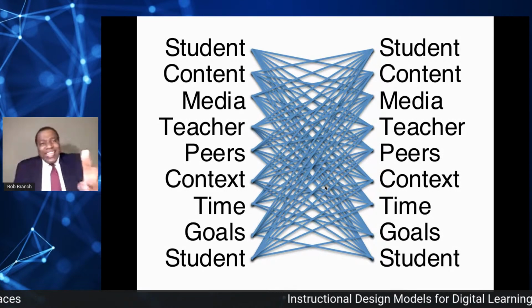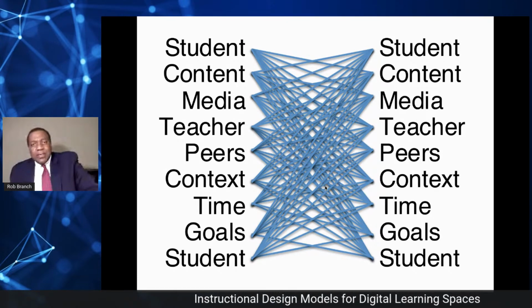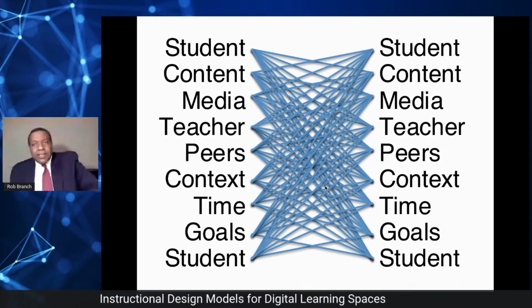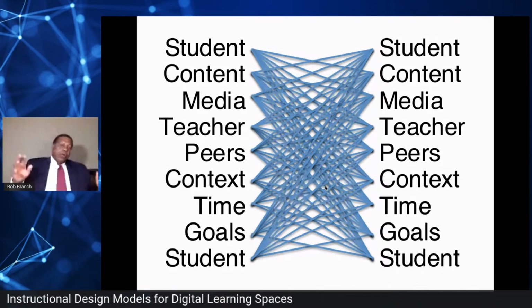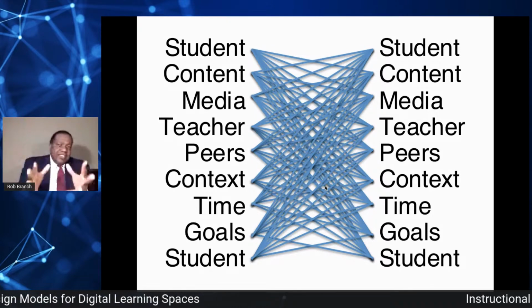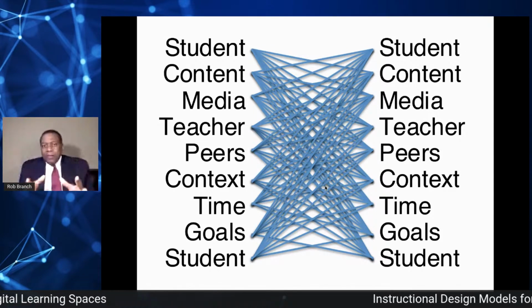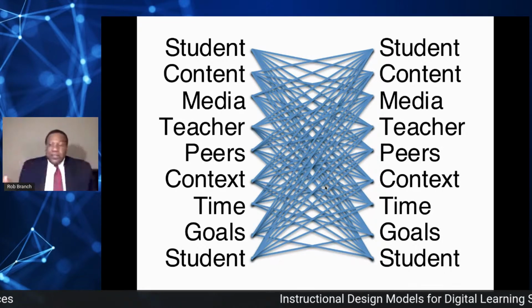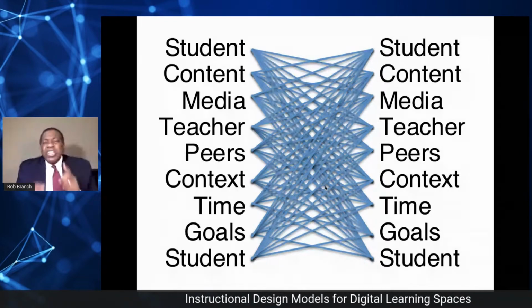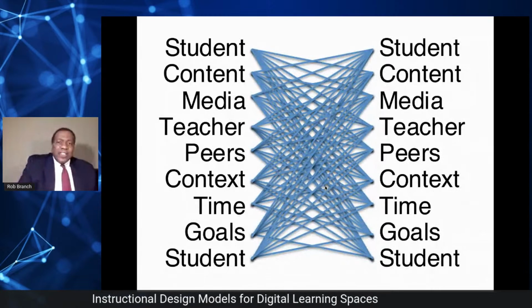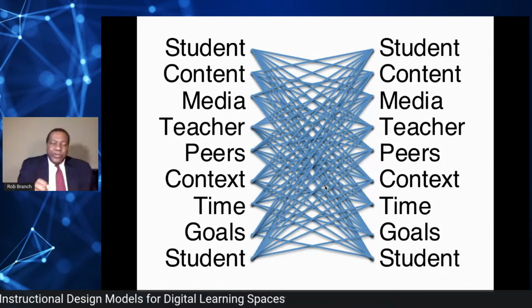And guess what? Each of these is interacting with each of the others. Whoa. This is the environment that we're planning for? Whether it's face-to-face, digital, or otherwise. Look at all of the interactions that we've got to cater to.